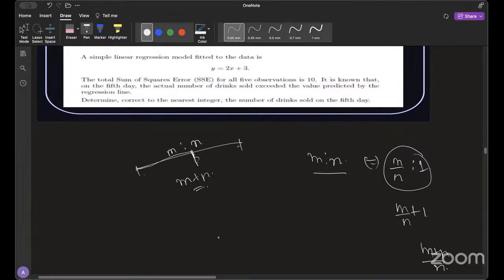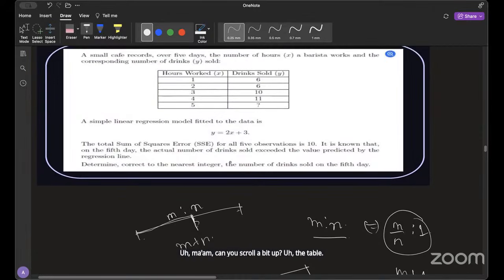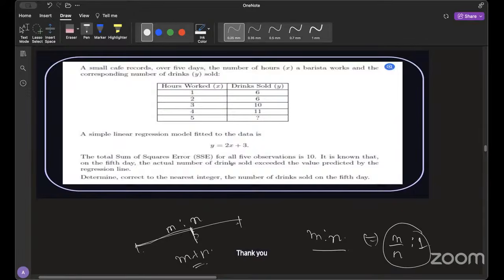Can you scroll a bit up? Just have it as this. This just means you're dividing it into 1 plus n by n. Ma'am, can you scroll a bit up the table? Yeah, this. Thank you.